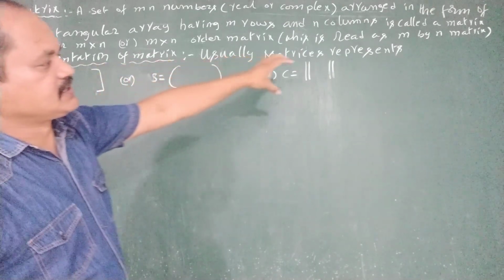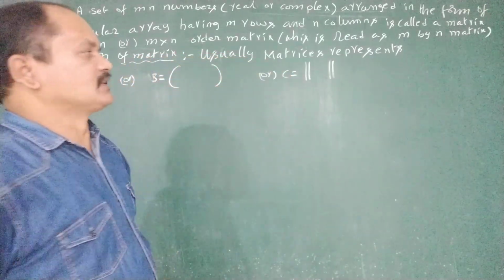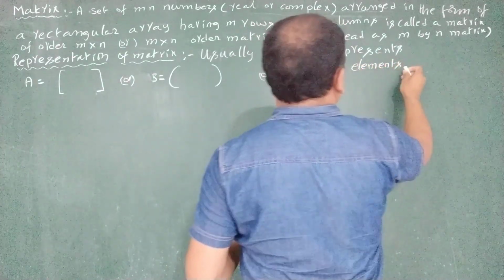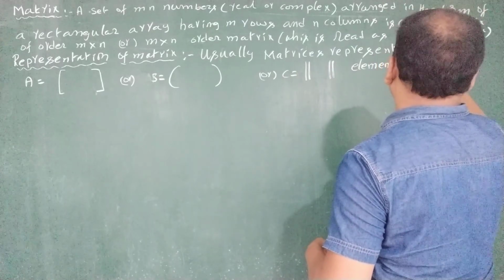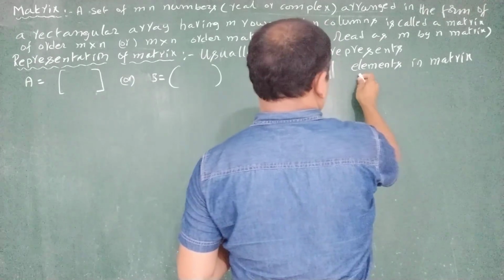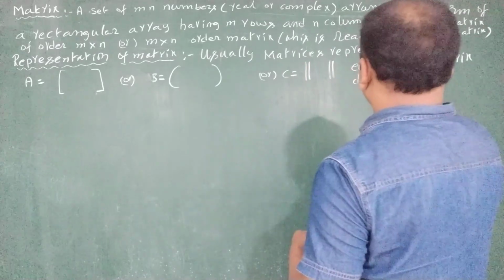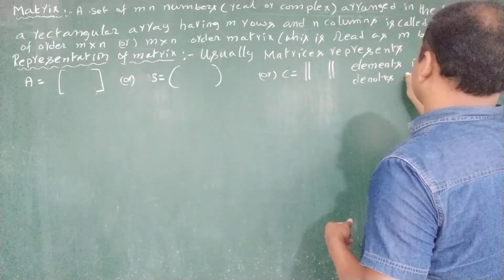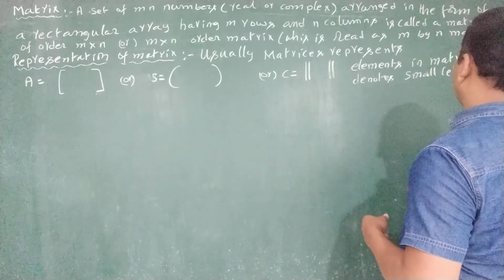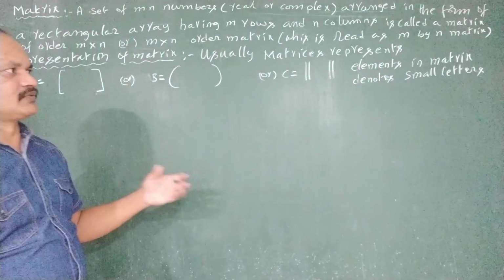These matrices are represented by capital letters, and elements in the matrix by small letters, which are numerical values like 1, 2, 3, 4, minus 1, 2, 3.